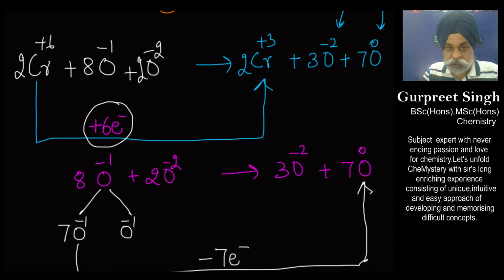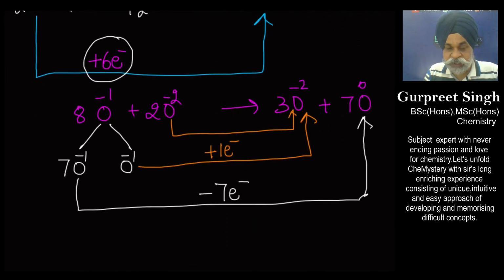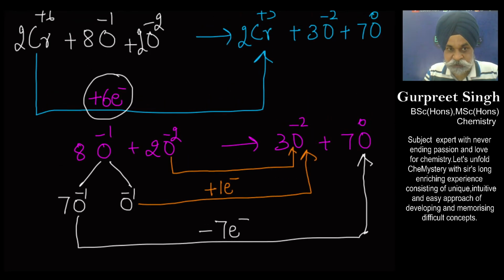Now here comes the interesting part. These two oxygens have not changed their oxidation state. They went to 3 oxygens, O2, as such. But this oxygen, when going to this side, has also gained 1 electron. So in totality, what is being done by what? Now this is very interesting. Did you get this point? Let me show it once again for your understanding.